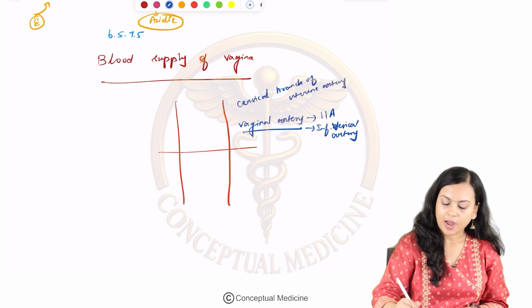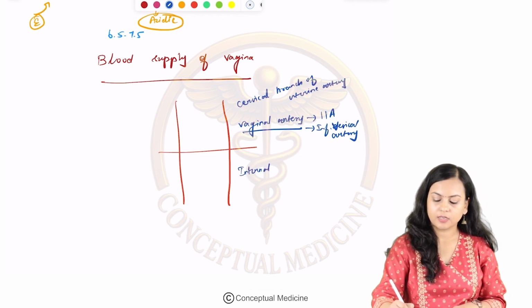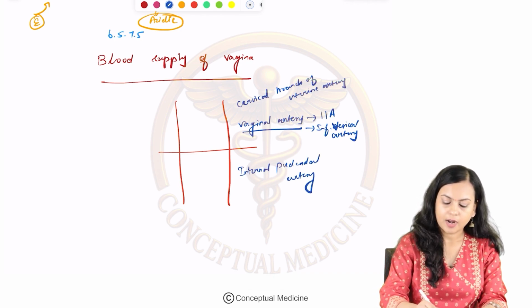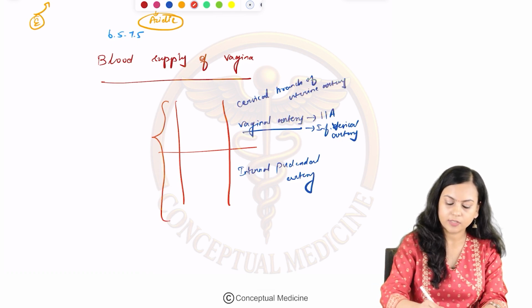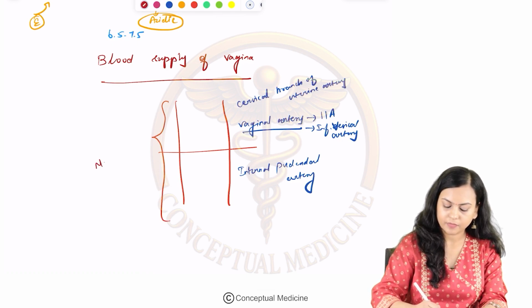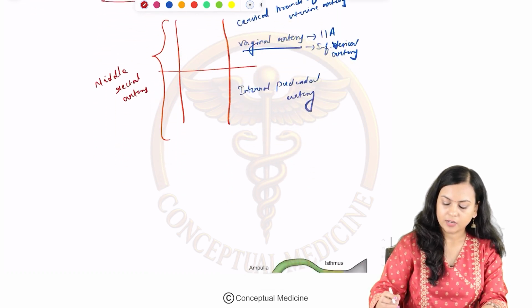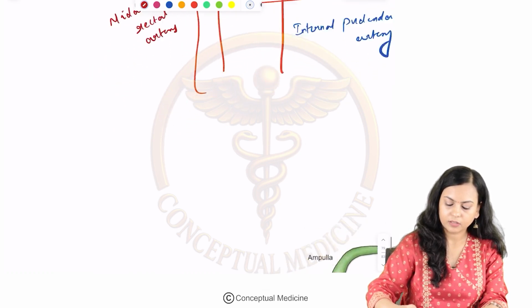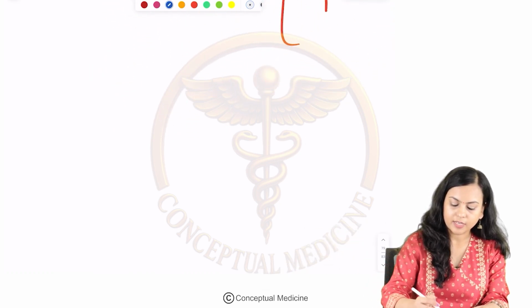The lower half is supplied by the internal pudendal artery. The posterior half of the vagina also receives blood supply from the middle rectal artery. Now coming to the venous drainage.